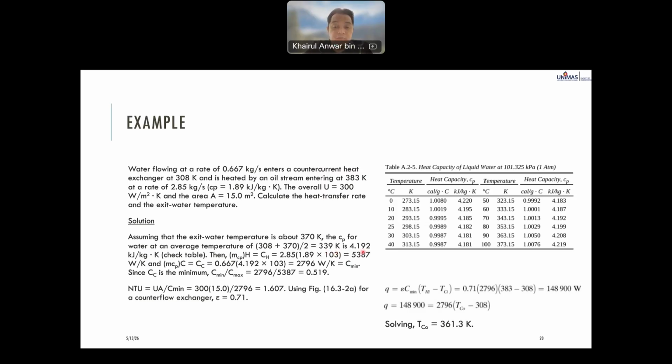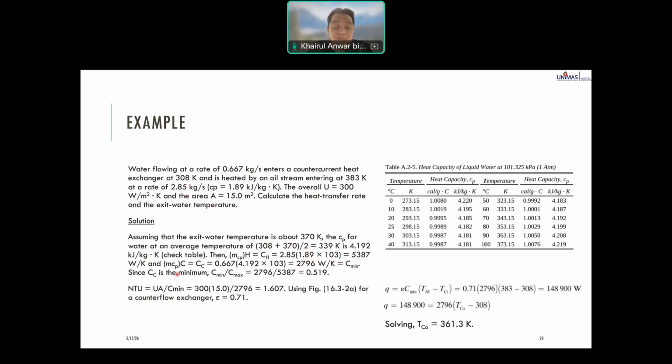So for temperature 339, refer to Table A, Appendix A2, and identify the CP or heat capacity. Then MCP hot equals C hot. So 2.85, the rate, multiplied with 1.89 times 10^3 equals 5387.